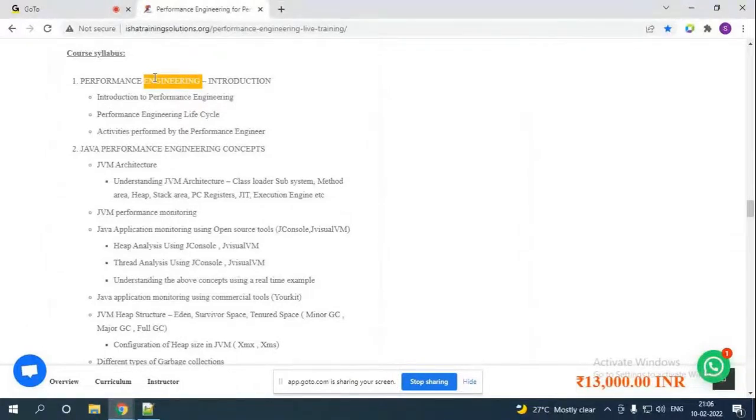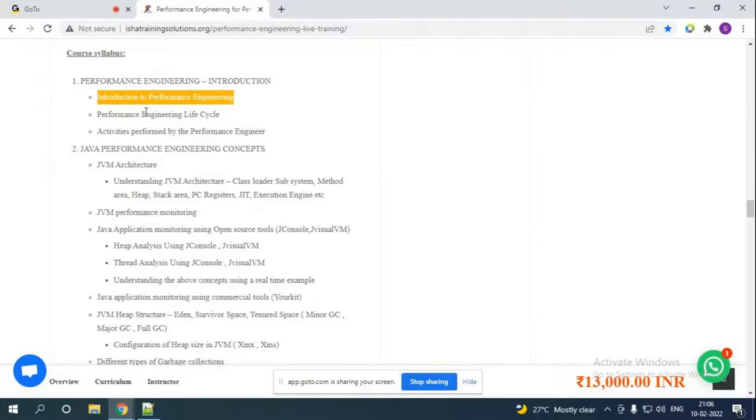Everybody is working in performance testing, but we don't have a proper understanding of what performance engineering means. In our course journey we are going to have a detailed understanding of it: what performance testing means, what performance engineering means, and what things you will do in performance engineering.